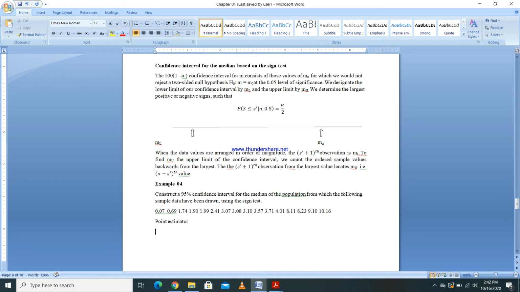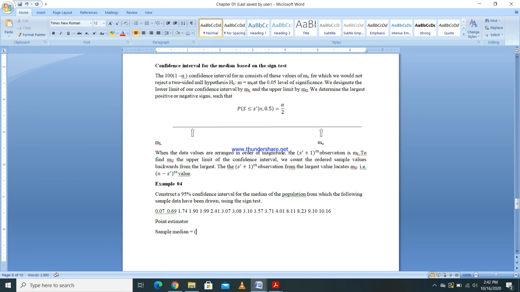If you are going to find a point estimator for the data set, the ideal point estimator would be the median value, because we are talking about the median in a non-parametric method. So we are going to find the sample median first. You can see you have 1, 2, 3, up to 16 data points.